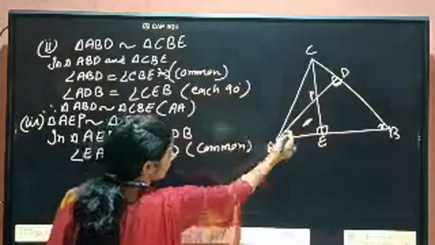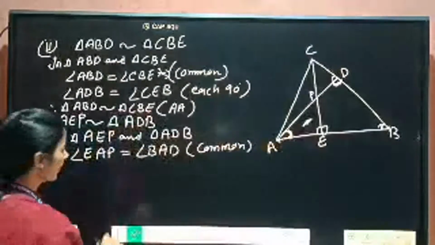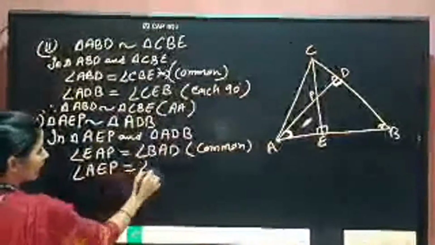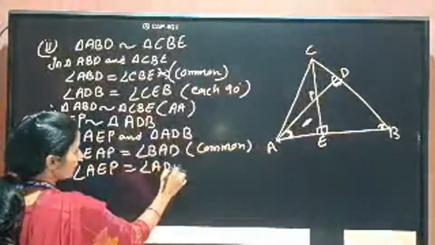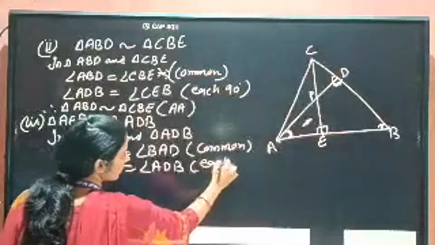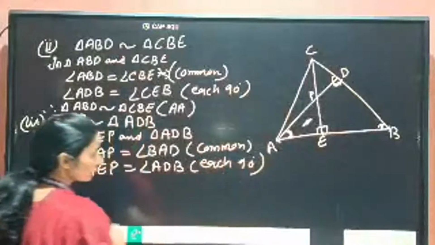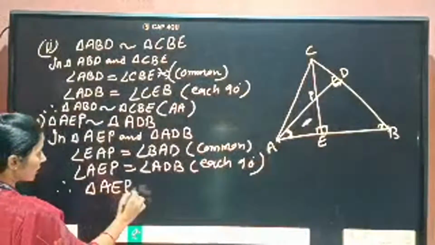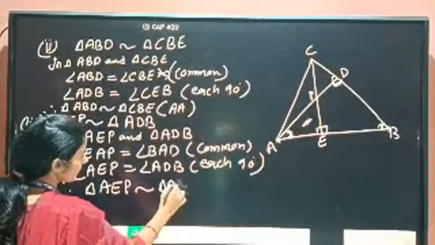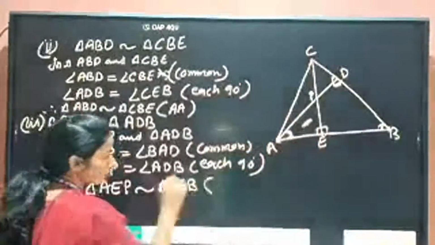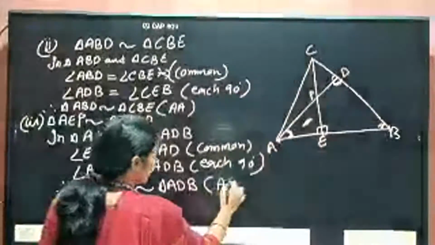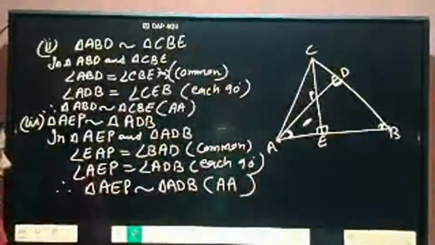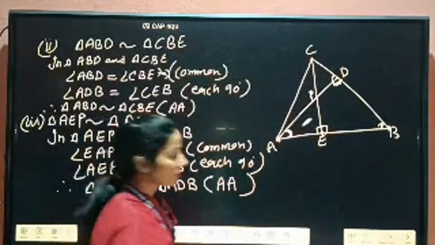This angle A is common in both triangles, and angle AEP equals angle ADB because each is 90 degrees. So I can say triangle AEP is similar to triangle ADB by angle similarity criteria. These two triangles are similar.